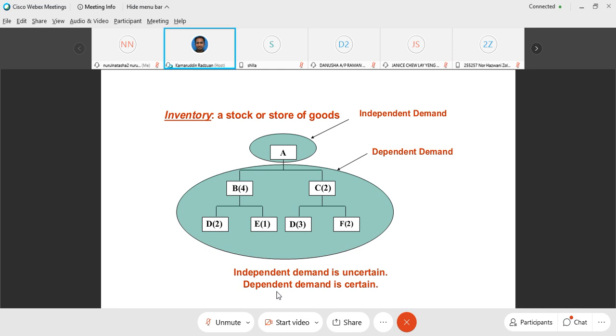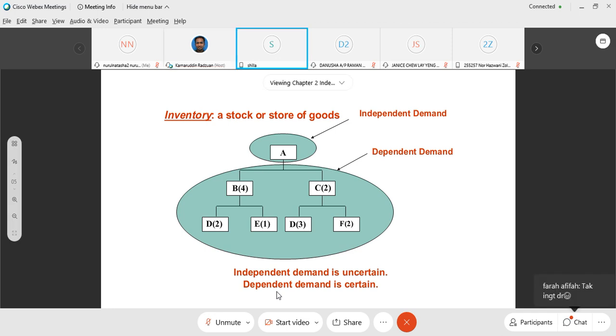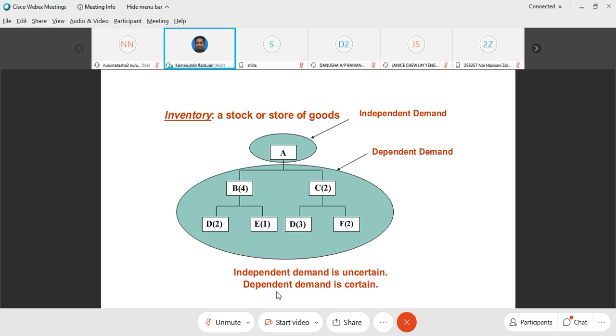Sheila? Ingat tak? Ingat doktor. Tak ingat juga? Bau. MRP kan doktor? Ya, betul. Ain. Nurul Ain. Kita belajar di bawah topik MRP system. Kan? MRP system. Di masa production operation management.